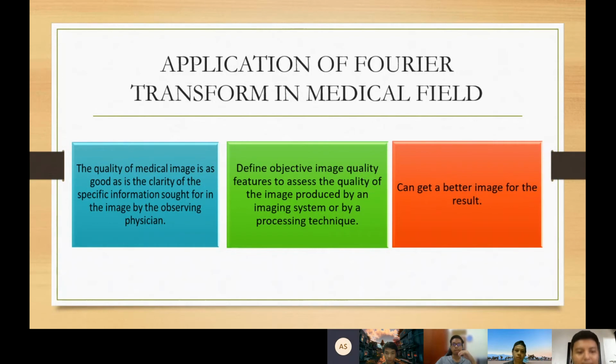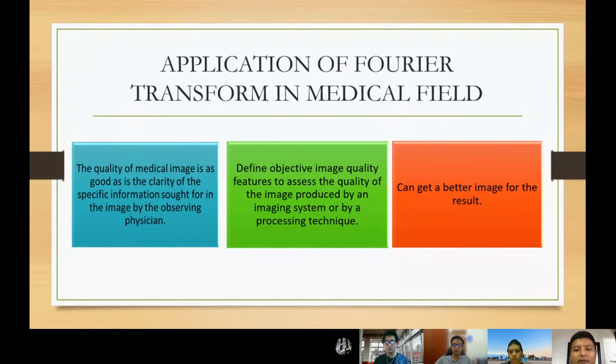The quality of a medical image is as good as the clarity of the specific information sought in the image by the observing physician. Define objective image quality features to assess the quality of the image produced by an imaging system or by a processing technique.